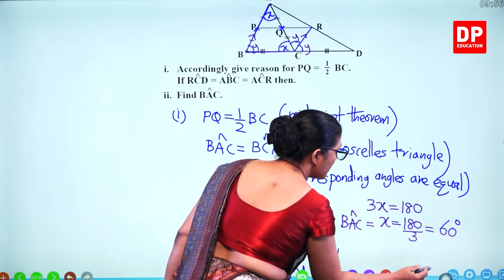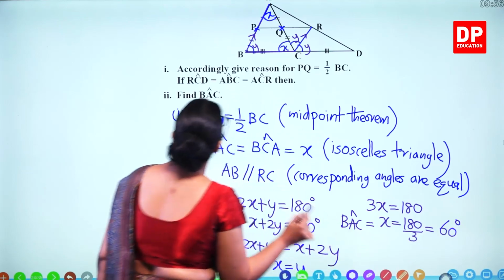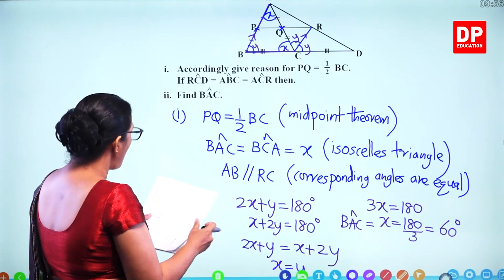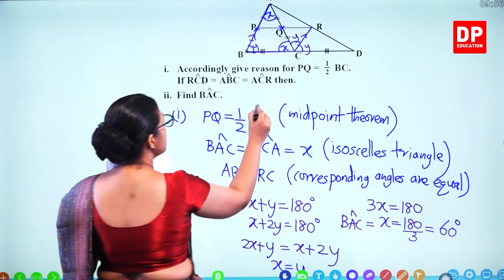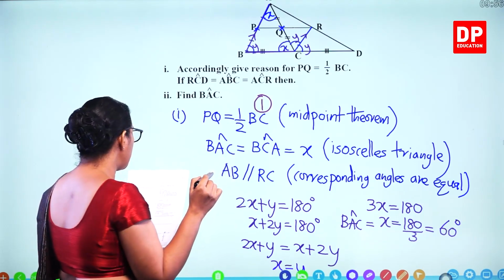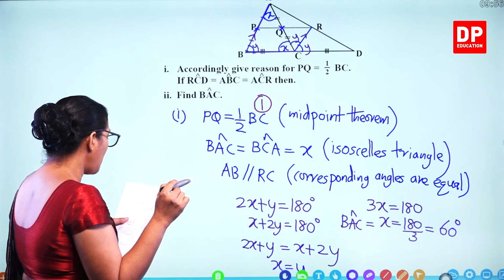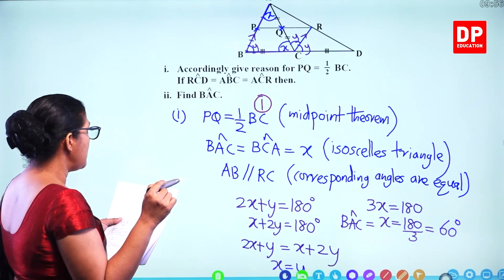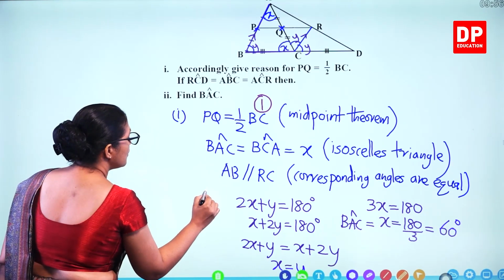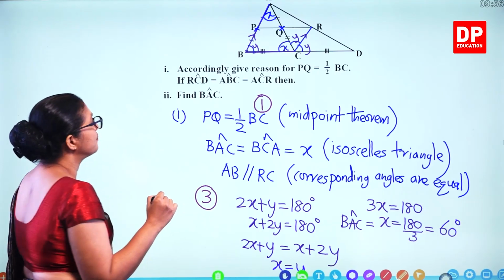So that's the answer. So how many marks for these steps? 1 mark for writing down this midpoint theorem. And you get x equals 60 degrees, just 3 marks. So 3 marks for this whole thing.